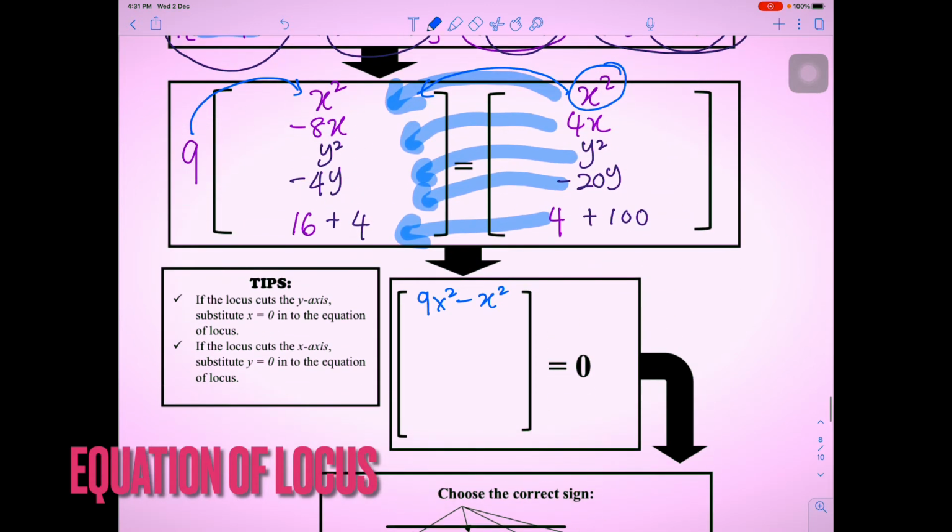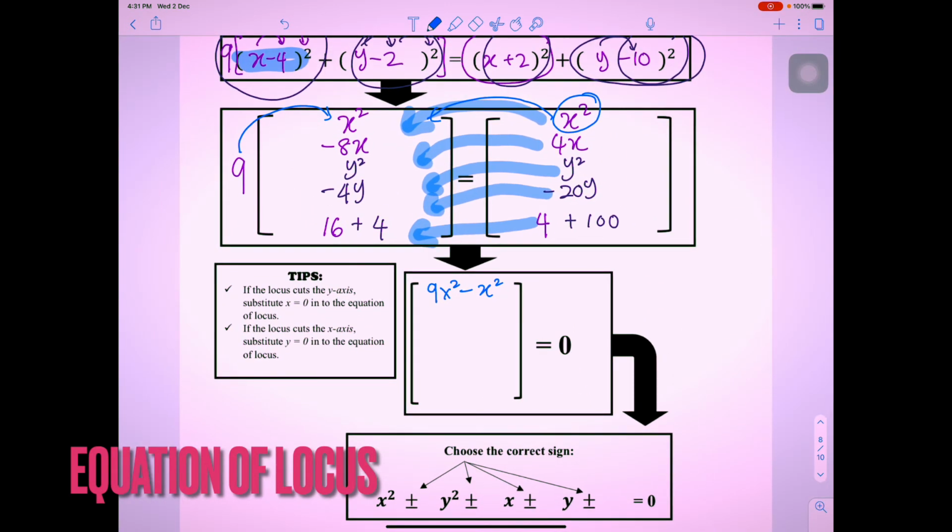Then 9 times negative 8x becomes negative 72x, and bringing negative 4x across gives minus 4x. Then 9 times y squared becomes 9y squared, and bringing y squared across gives minus y squared, same term with same term.